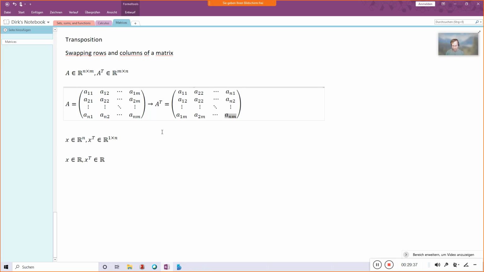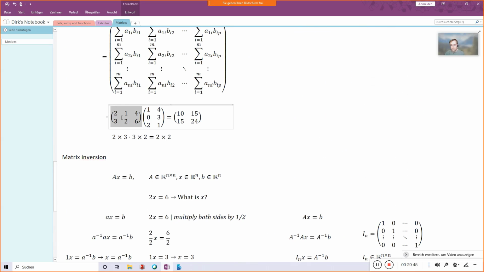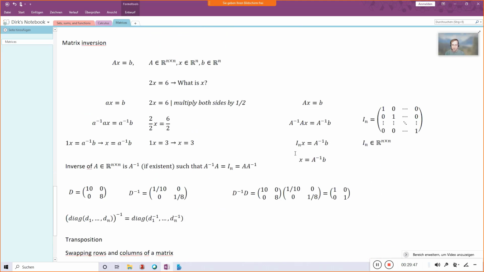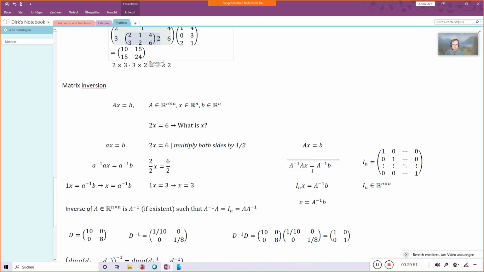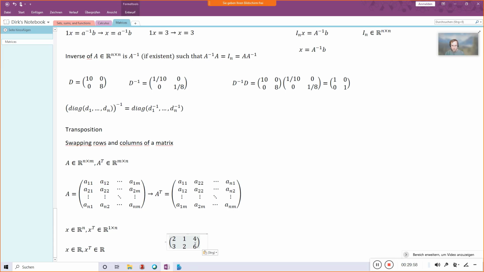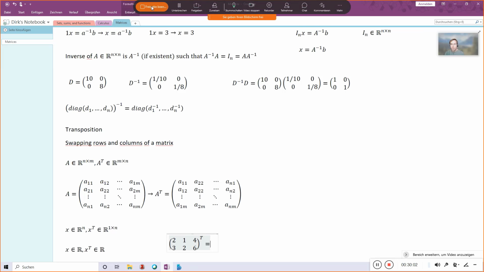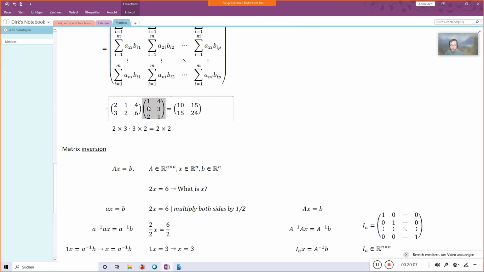So look at an example. For example, in the script, there's an example of a matrix. Well, let's write it down. If we look at this and transpose this, then obviously we get a 3 by 2 matrix, right?